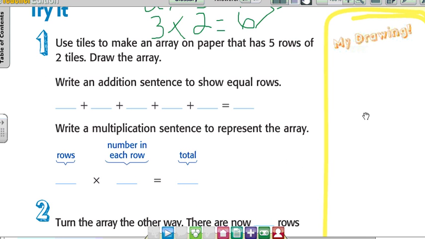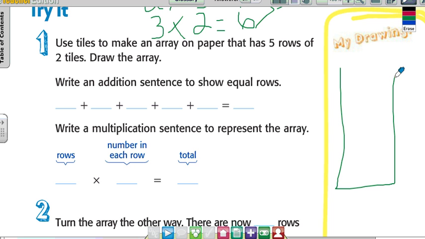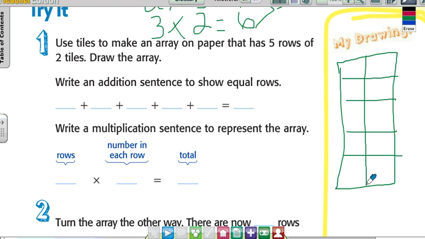Okay. It says use tiles to make an array on paper that has 5 rows of 2 tiles. Draw the array. So it has 5 rows. 1, 2, 3, 4, and this is 5 right there. And 2 tiles each, right? Okay.